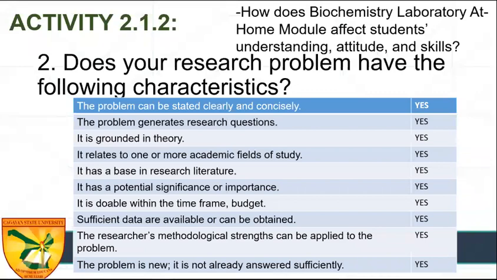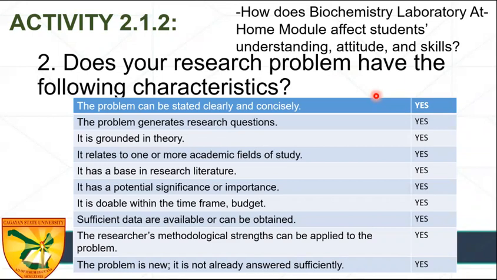So for activity 2.1.2, you need to assess or have a self check of your research problems. This is again for every group: you have four research topics for your activity 2.1.1.